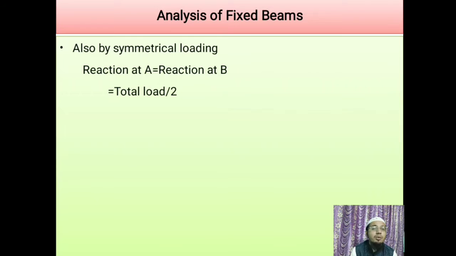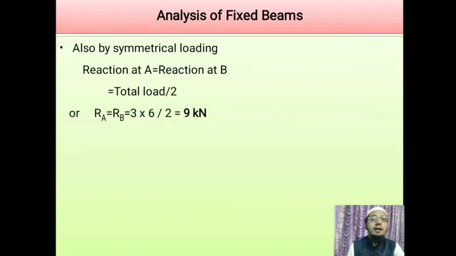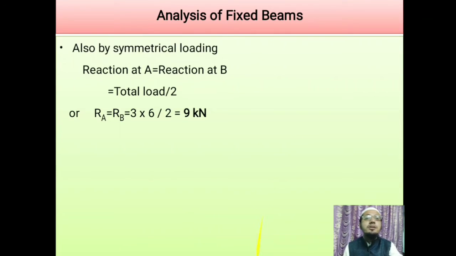Half of the total load will be taken by support A and half by support B. So RA equals RB equals WL by 2. W is 3, L is 6, whole divided by 2. So we will get RA equals RB equals 9 kilonewton. Support A will take negative shear force and support B will take positive shear force.